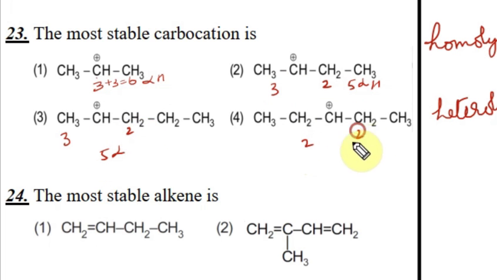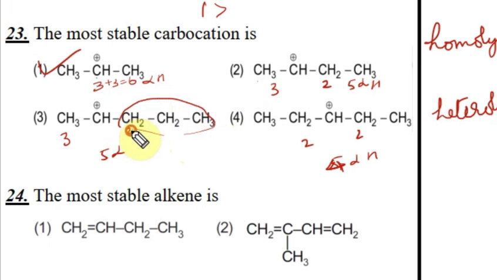This one has 2 plus 2, 4 alpha hydrogens. So obviously when you look at it, this one is going to be the most stable one. Alright, so the order would be 1 greater than, and 2 and 3 both have 5. Then we look into inductive effect. This one will have a larger inductive effect than this one. The methyl is in both. So 1 greater than 3 greater than 2 greater than 4.